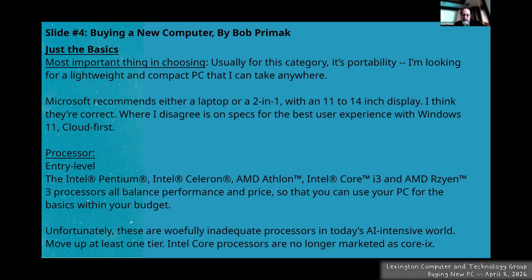But AMD Ryzen, some of the higher end 5s, the 7s, and the 9s are great with Windows 11. You don't need the AI 300 series for basic use. And as I say, these are woefully inadequate processors in today's AI-intensive world. And moving up at least one tier from Microsoft's recommendations is just absolutely necessary.